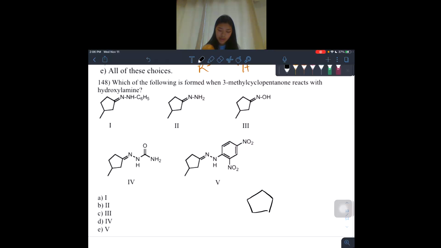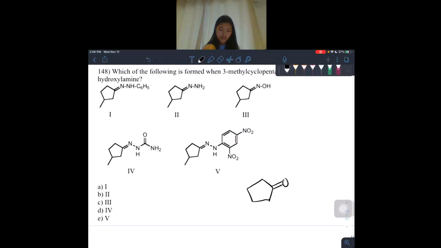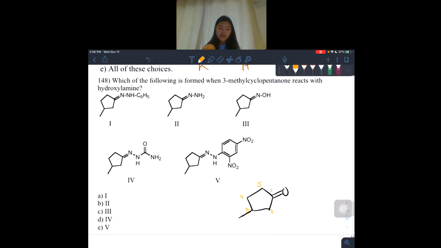All right, so we know we have a cyclopentane, and then I'm going to put my ketone over here, just because that's how I see all their double bonds, so I decided to draw it like they did. Then we are going to bond our methyl over here, because this is 1, 2, 3. So now we are reacting this with a hydroxylamine.